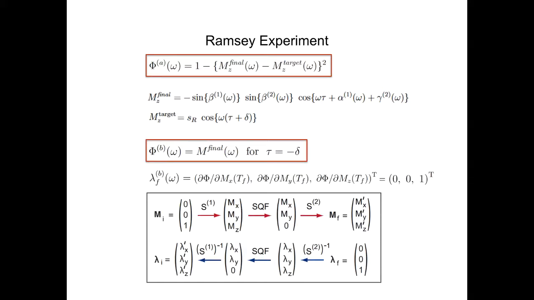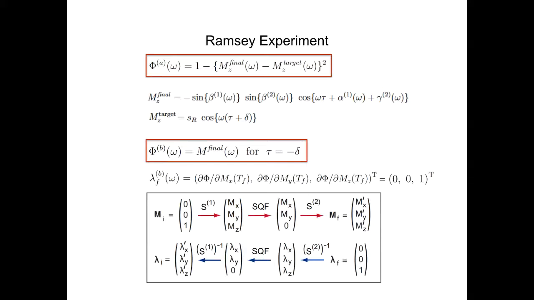So once we have this figure of merit, basically we can then calculate the so-called co-state vector at the end of the pulse sequence, which we can calculate backwards.